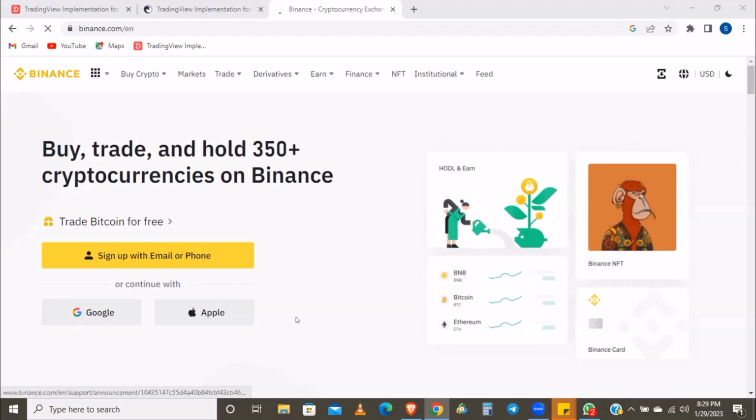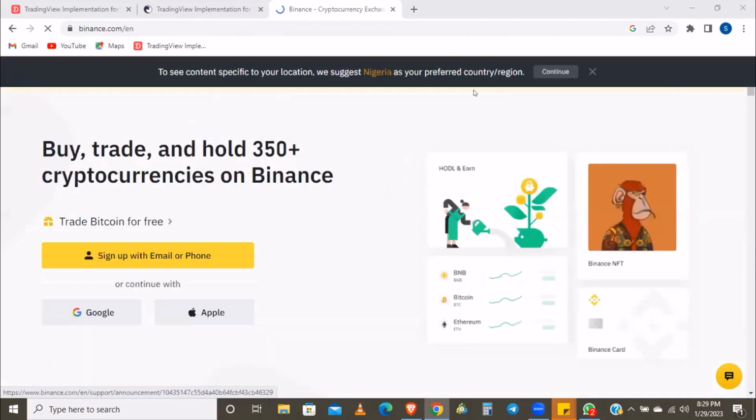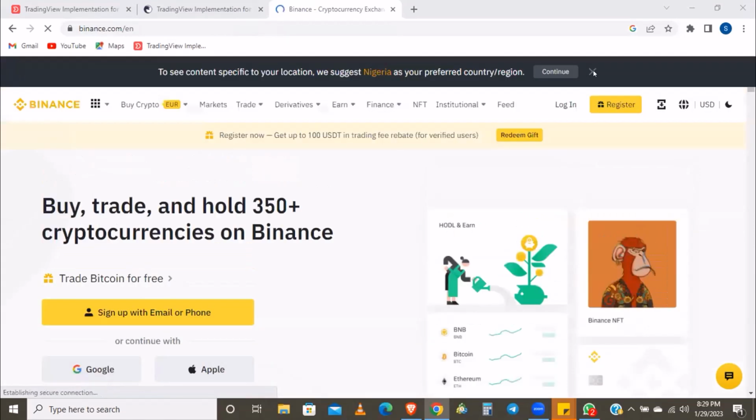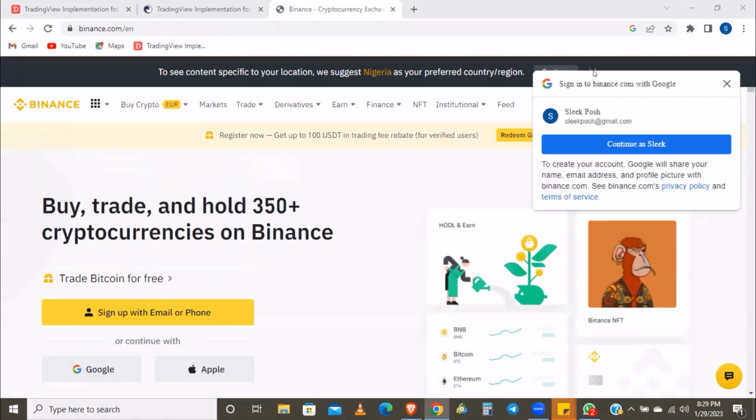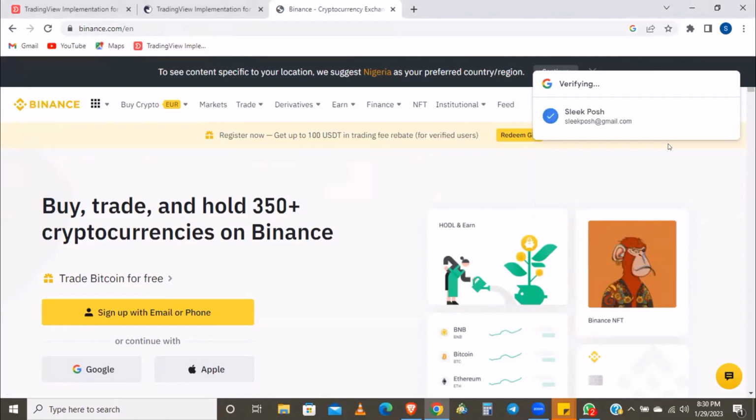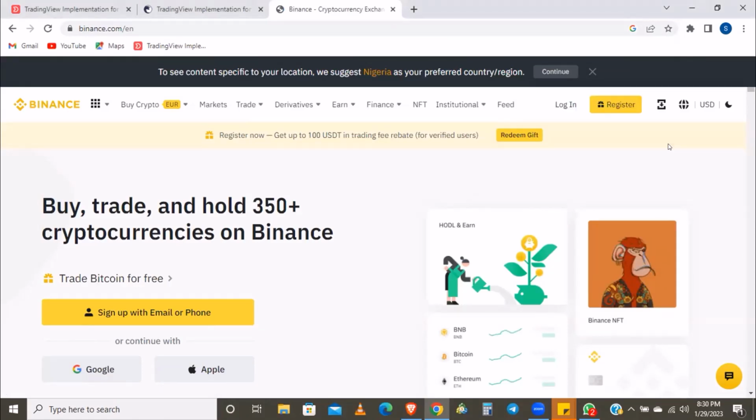All right, so you go on your browser. If you're using your laptop, just like I'm using mine now, you type Binance and it comes up with this. This is Binance. This is what the interface looks like. My network is really slow, so let me see if I can join here with my phone and show you the phone interface.